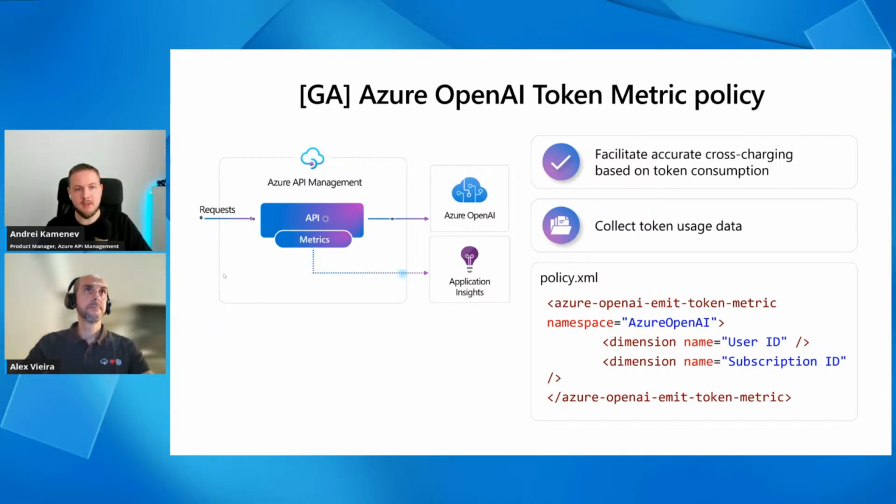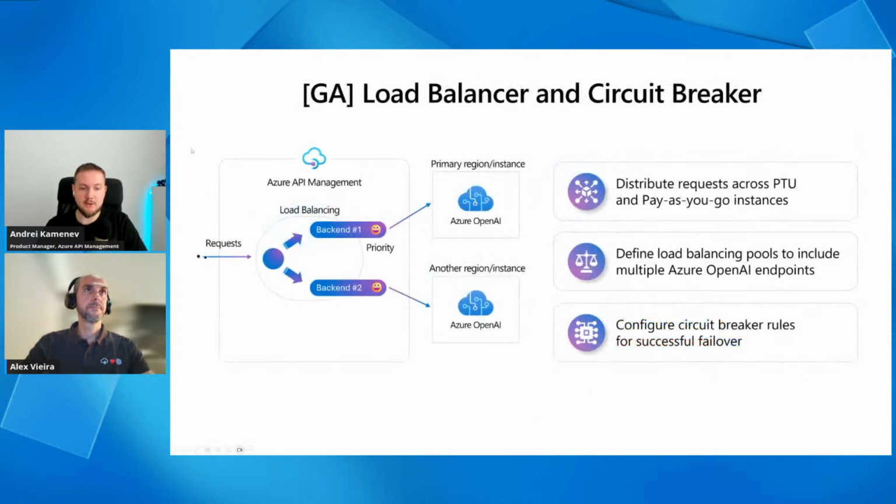The second set of features are the load balancer and circuit breaker. These features allow you to define a pool of Azure OpenAI endpoints to distribute traffic and set up failover conditions using the circuit breaker pattern. In addition to the round-robin load balancing rules that we had for a while, we added priority-based and weight-based load balancing algorithms.